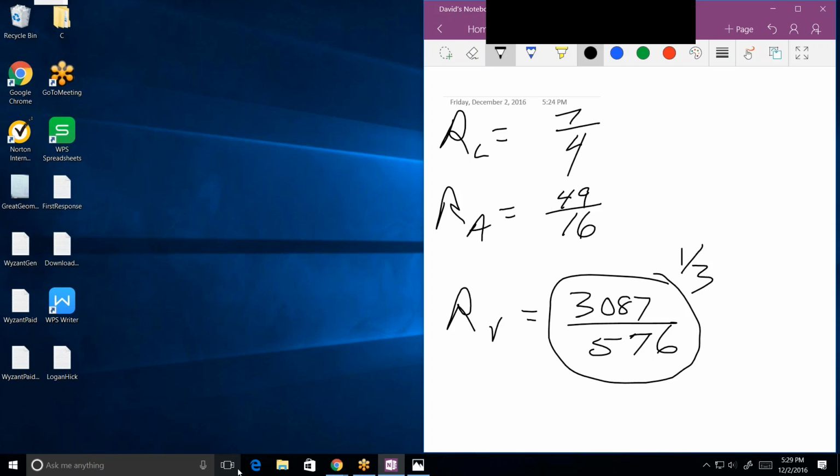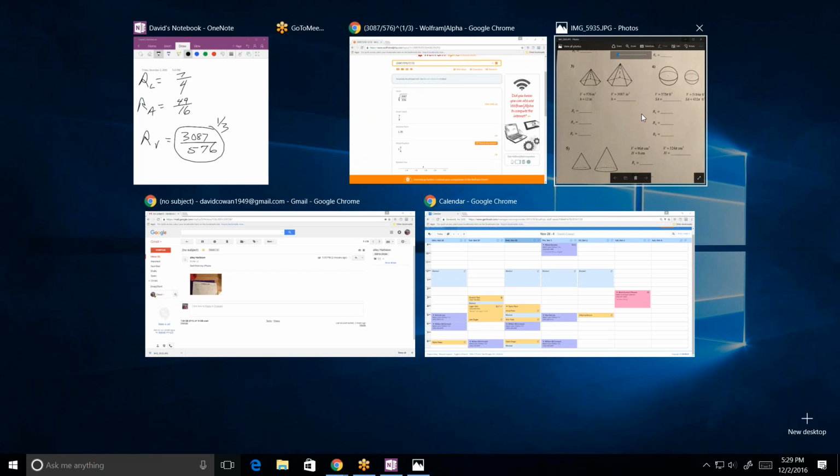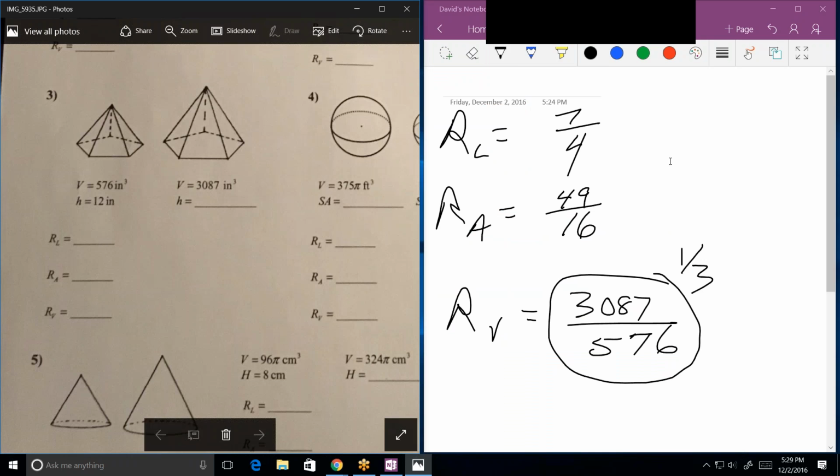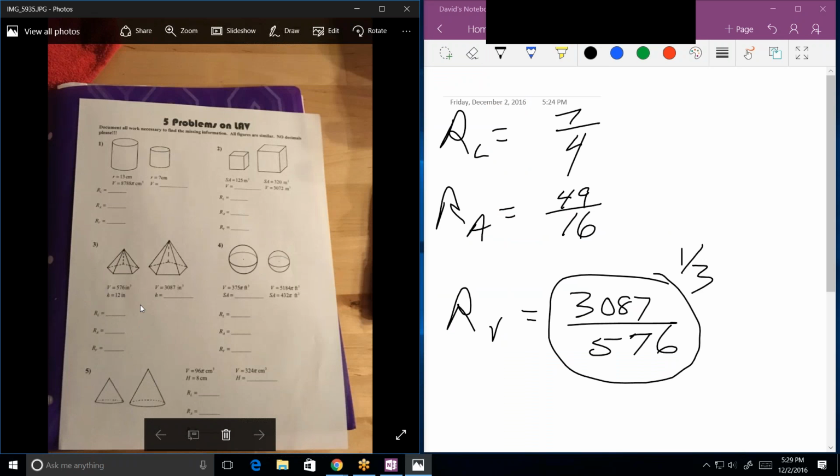Okay, now the rest of the problem says they want to know what the height of the bigger is. So which ratio are we looking at when they are talking about the heights: volume, area, or linear? Is it linear? Yes.